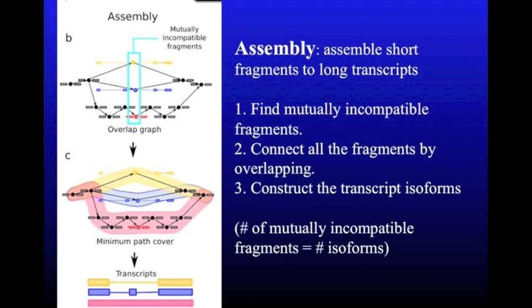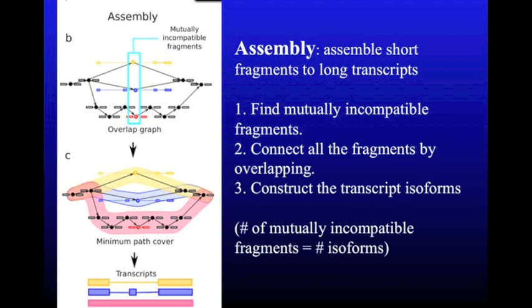With paired-end short fragments as input, we want to know the distinct spliced mRNA isoforms. By identifying the incompatible fragments, we could get an idea of what the different isoforms are. Like the yellow, blue, and red fragments here, they must come from different mRNA isoforms.